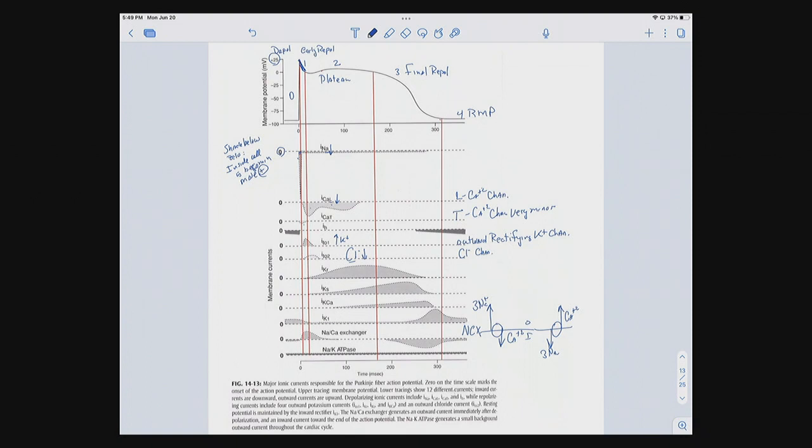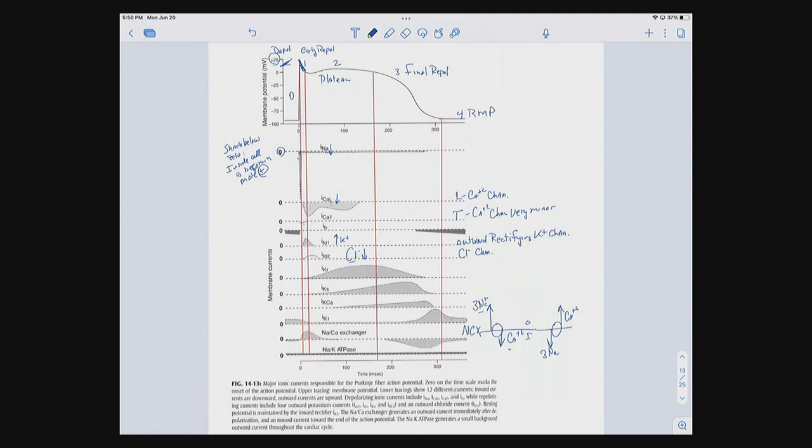So the direction that it goes is really a function of the forces acting on the calcium and the sodium. So in this case here, note I'm in the pretty positive area here. So if I'm in the positive area here, that means I've lost my driver for the sodium to be pushed in and kicking a calcium out. In fact, the greater force is calcium coming in and pushing a sodium out.